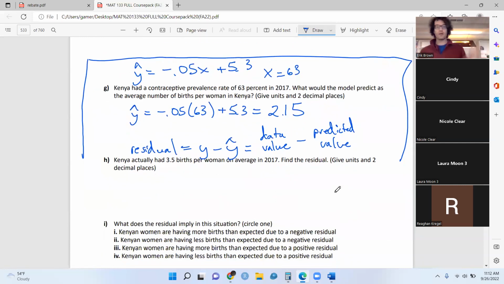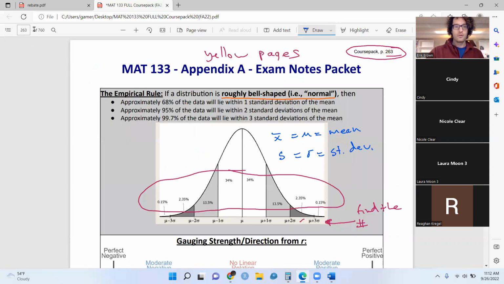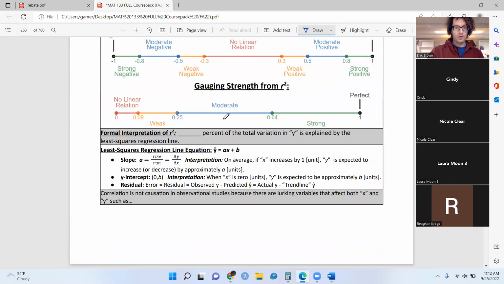Okay, so that leads us to this residual. Now, the residual, I believe, is in your reference sheet. So I'm going to go to page 263 real quick to show you that. Here it is, residual. It's the observed Y value minus the predicted Y value, which we call Y hat, or the actual data value from the data set. We hand that to you, and then you calculate the trend line.